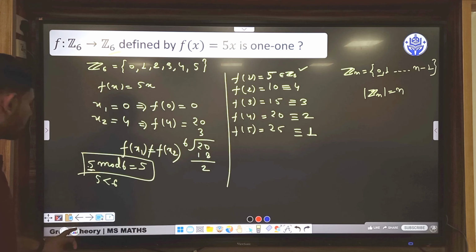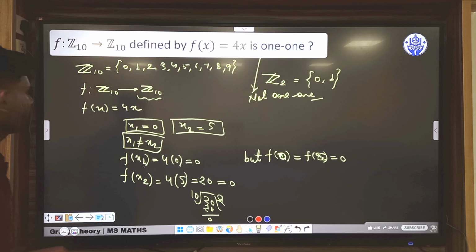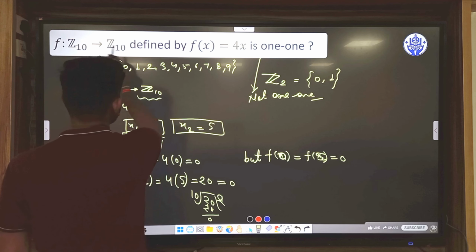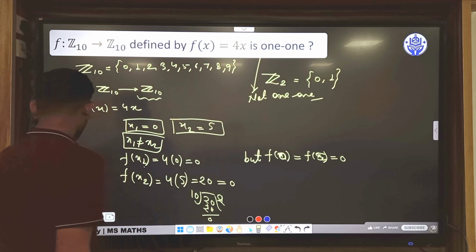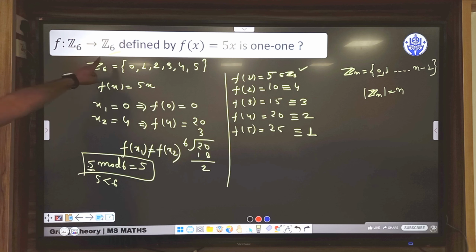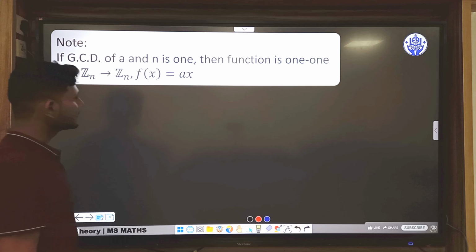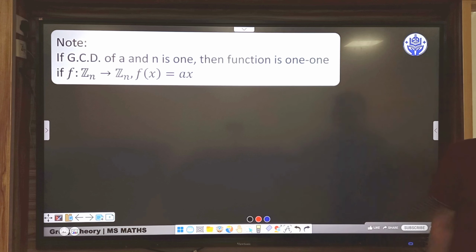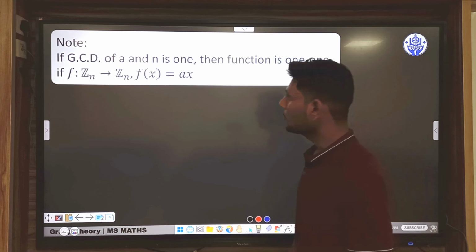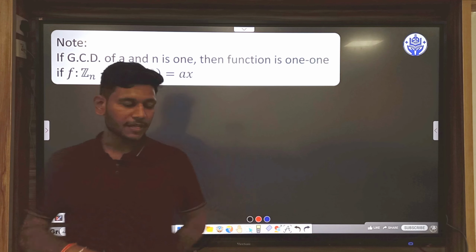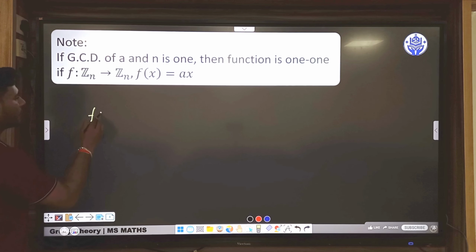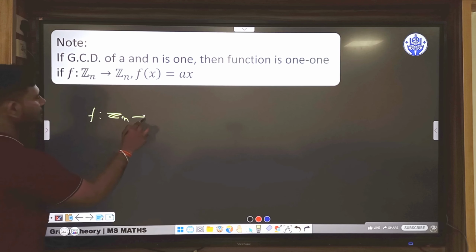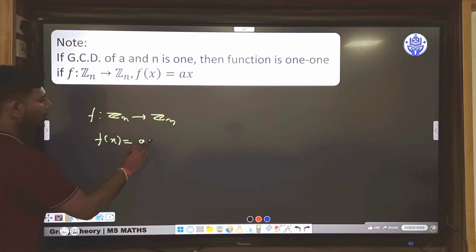Now see, what is the difference in this particular example? Here we have Z10 to Z10 with 4x. Here we have Z6 to Z6 with 5x. Now there is one result related to both examples. Let's say my function f is Zn to Zn, and my function is defined like this: a of x.